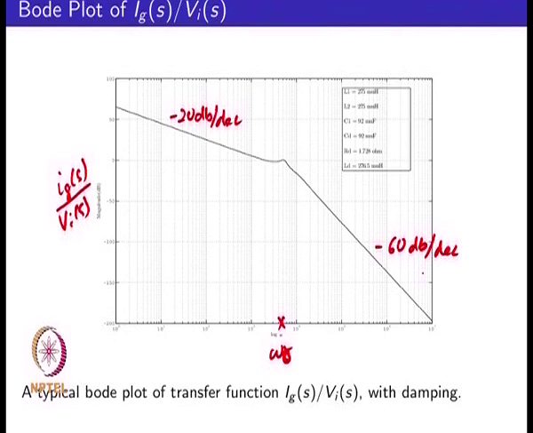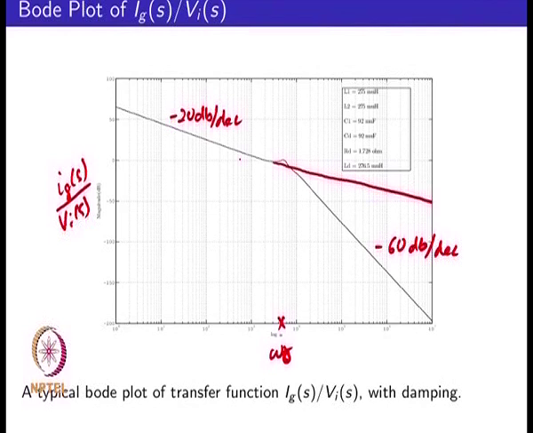So what is shown over here is the frequency in radians per second and the magnitude of the Ig by Vi transfer function, which is essentially an admittance transfer function. If you had essentially an L filter, it would continue all along to the higher frequencies at the same minus 20 dB per decade.